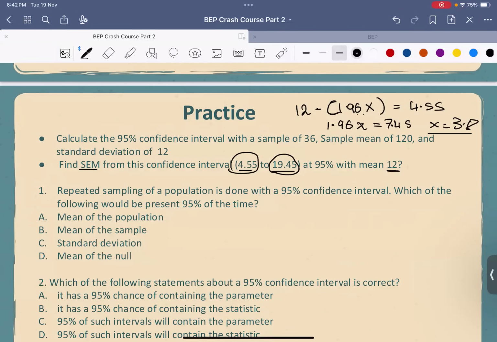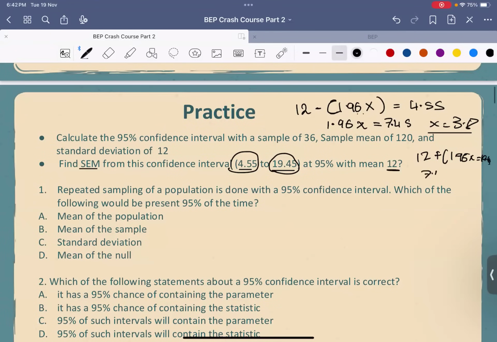Let's try with the plus just to make sure of our answer. 12 plus 1.96x equals 19.45. So now we take 12 to the other side: 19.45 minus 12 equals 7.45. And then again, 7.45 divided by 1.96 will give us our answer.